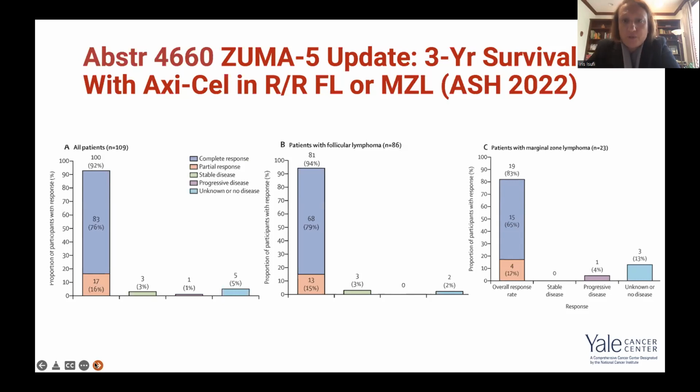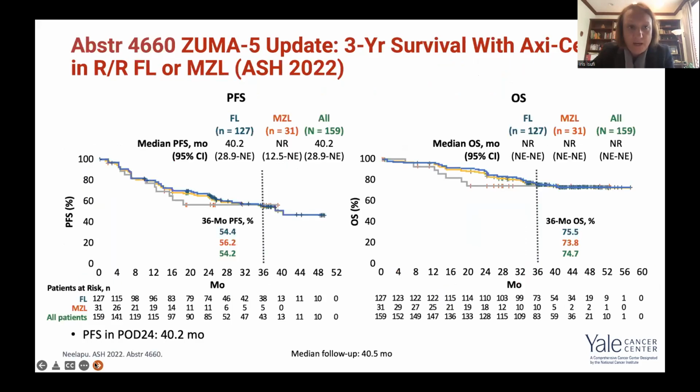This was the ZUMA-5 update with a 3-year survival. You can see here that the overall response rates and complete response rates with CAR T cell therapy are very high in the 3rd-line setting, in both patients with follicular lymphoma and patients with marginal zone lymphoma.